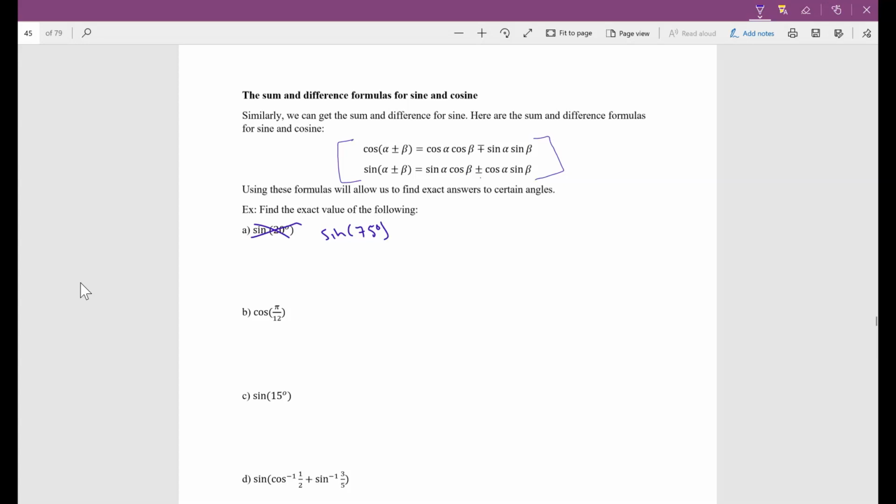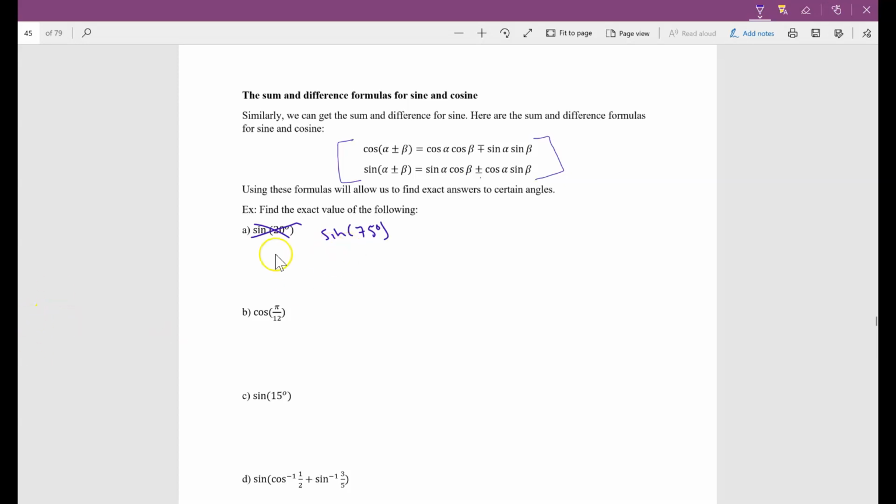The thing is, sometimes they might give it to us in decimal form, so we want the exact answer, with square roots and everything. So here is where the cosine and sine sum and difference formulas will help out.